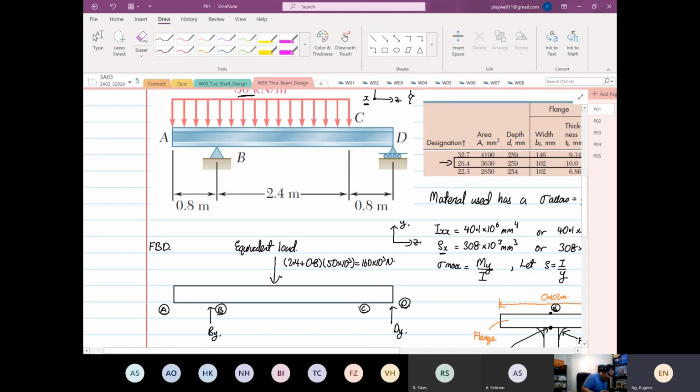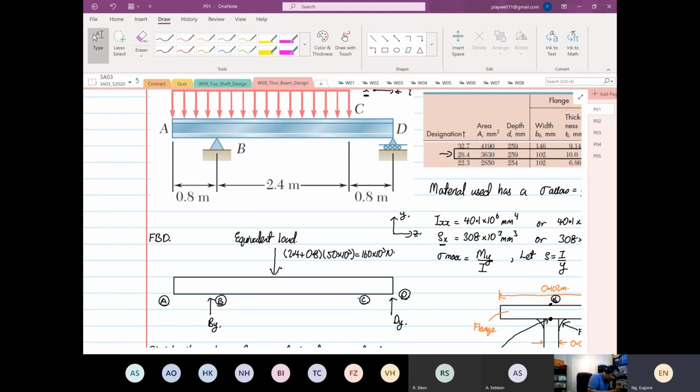The next thing we have to map out is our distances. From here to here, we know it is equal to 0.8 plus 0.8, which is 1.6 meters.